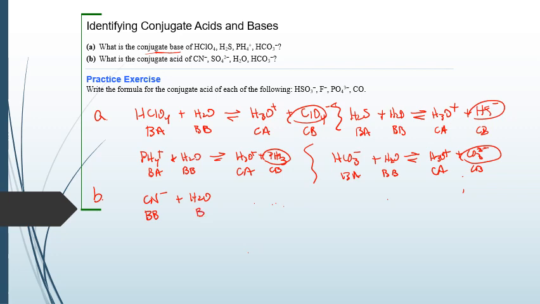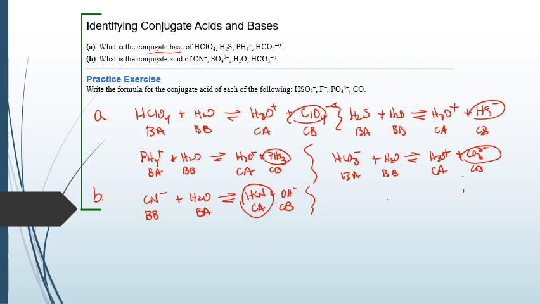The water now will become a Bronsted acid, which means it will give away its hydrogen to the CN-. So I'm going to form HCN as my conjugate acid, and then I would have OH- as my conjugate base. So the conjugate acid in this case, the HCN.